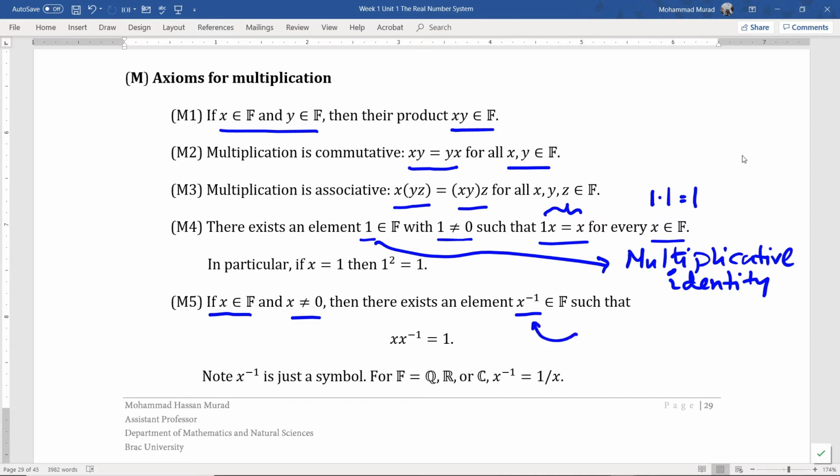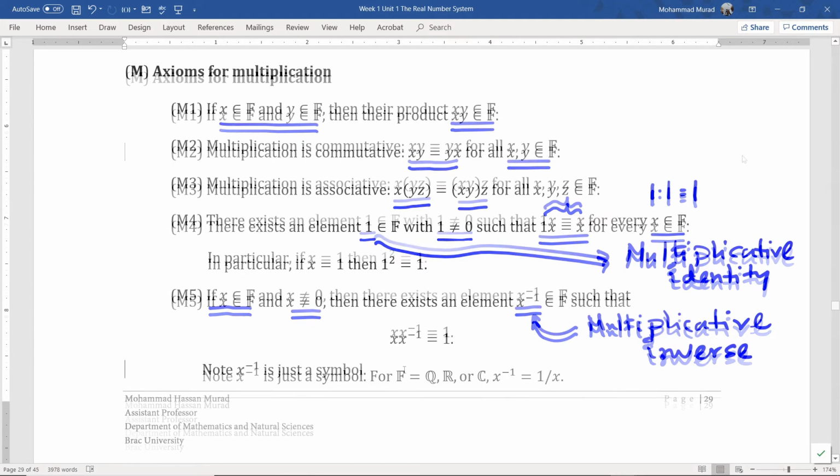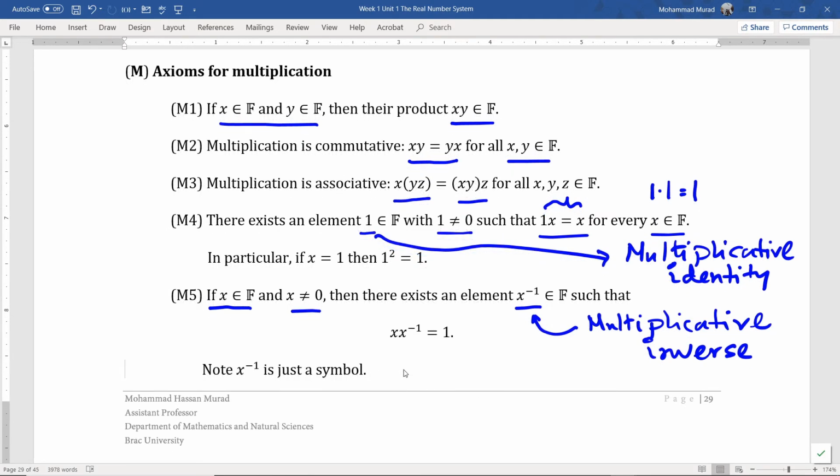This is called the multiplicative inverse of x. Note, x inverse is just a symbol whose definition is clear in this statement. By the commutativity for multiplication, axiom M2, we can also write this statement as x inverse times x equals 1.